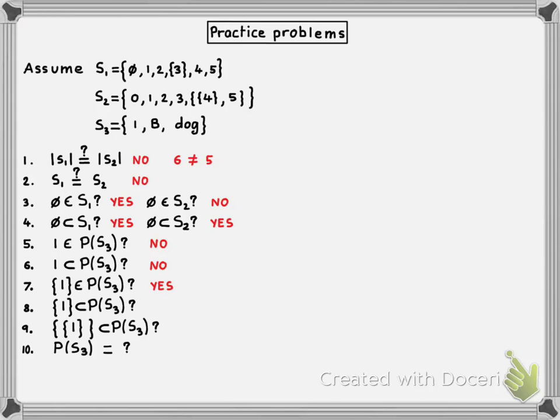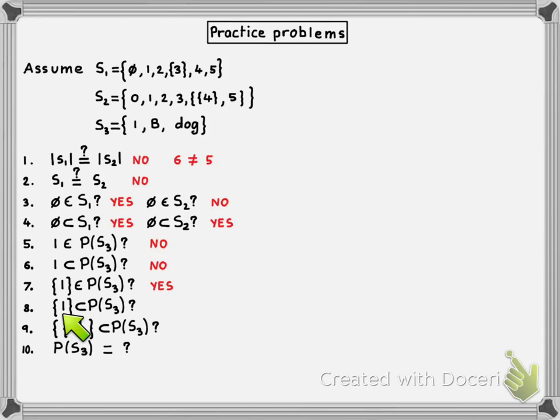Now in contrast, let's look at problem 8, which asks, is the same singleton set 1 a proper subset of the power set of S3? Now, if the answer to that question is true, that means every element in this set should be an element of the power set of S3. And what are the elements of this set?